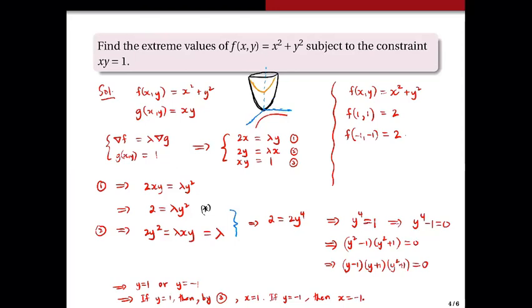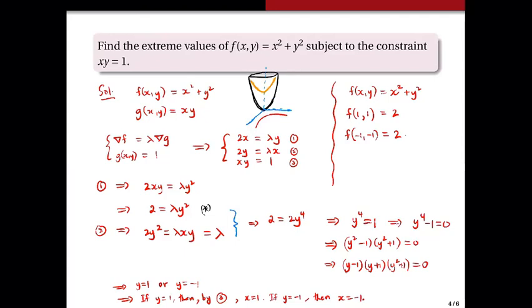Okay? Can you imagine that? When you project this guy here on your elliptic paraboloid, it will trace this part. It will trace this graph here.